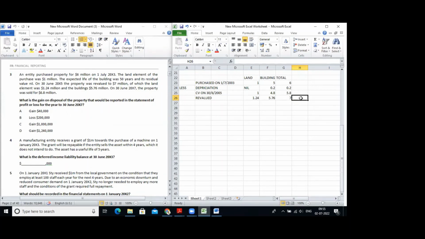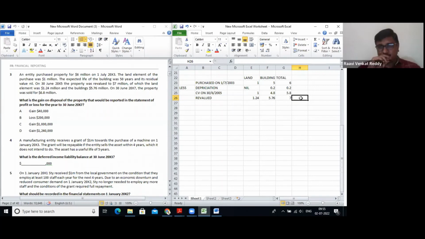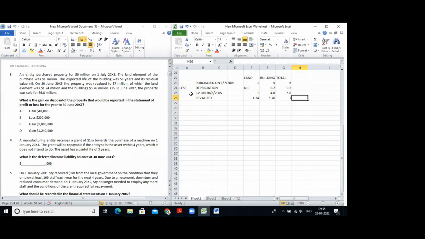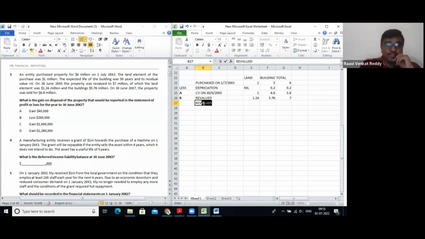The carrying value is 5.8 and the revalued amount is 7. Is it revaluation gain or revaluation loss? Gain. So revaluation gain.